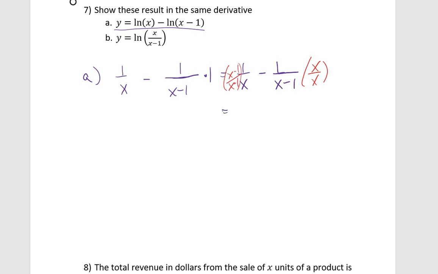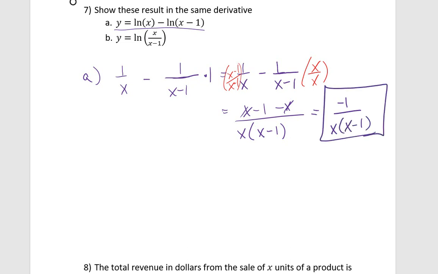So when we do that, we're going to have x minus 1 minus x divided by x times x minus 1, which x's are going to cancel out, so we're going to end up with negative 1 over x times x minus 1, since we found a common denominator.